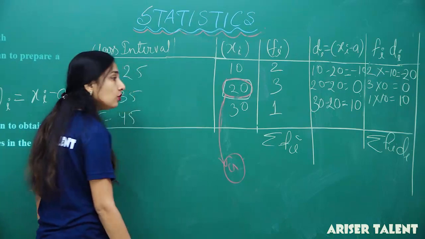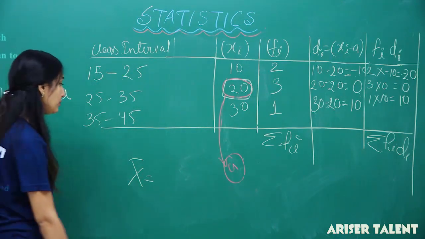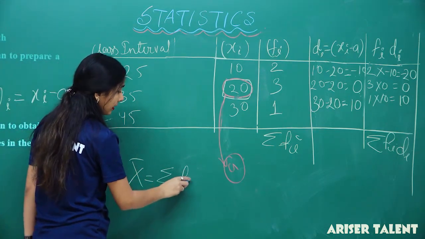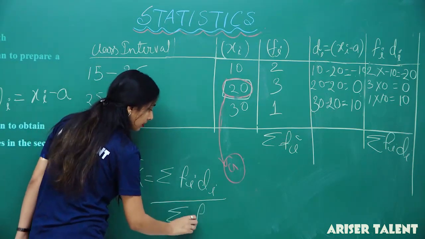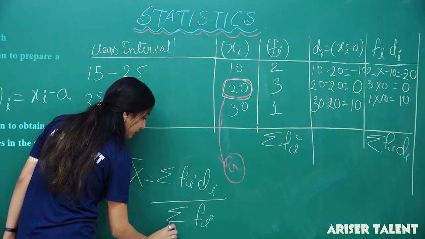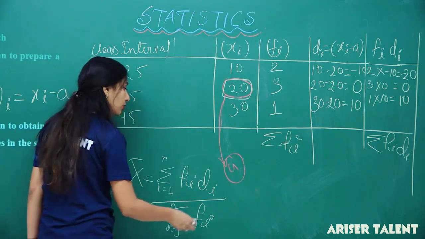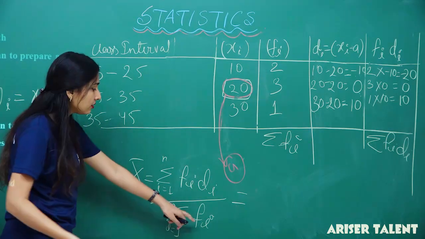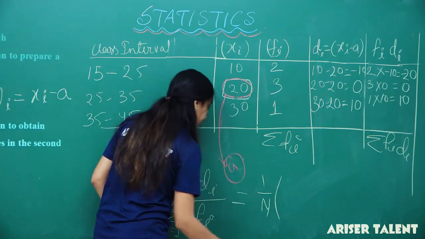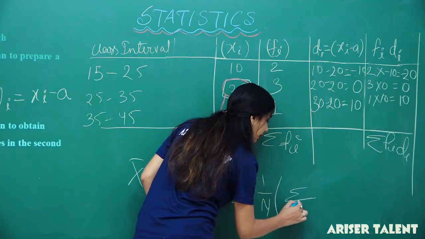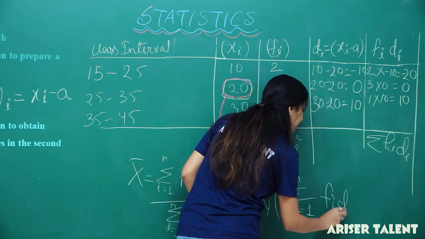So what will be the value here? x bar will be equal to summation Fi di upon summation Fi, i equals 1 to n, or you may also write it, because this is simply n, as 1 by n summation i equals 1 to n of Fi di.